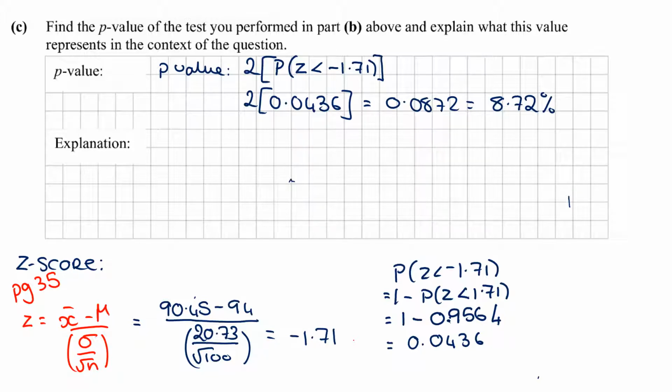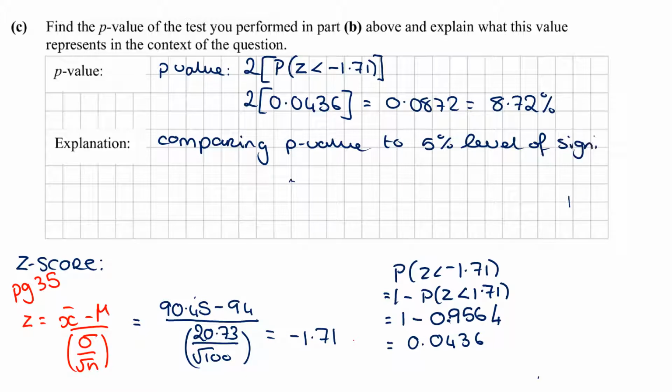Now, what does that mean in the context of the question? Well, we're comparing the p-value to the 5% level of significance.